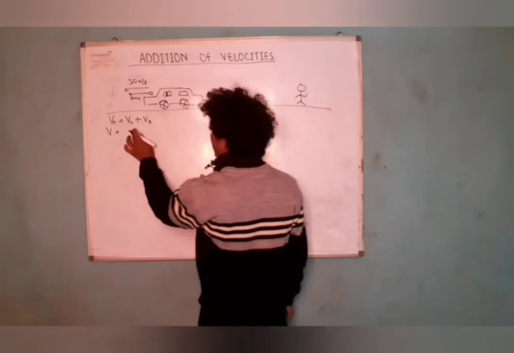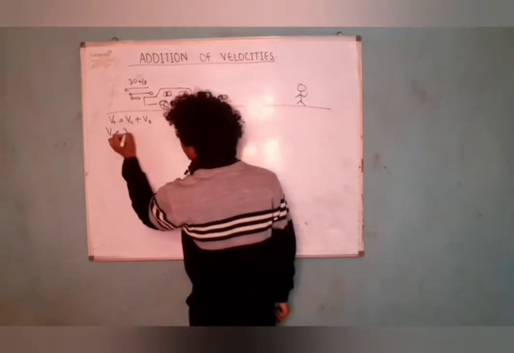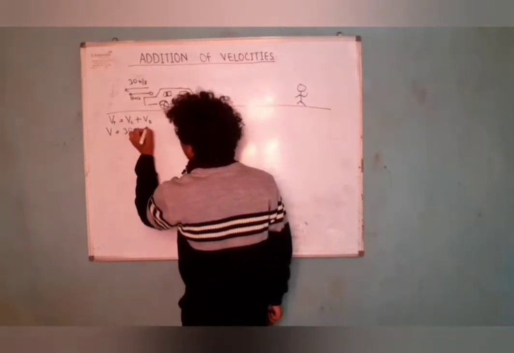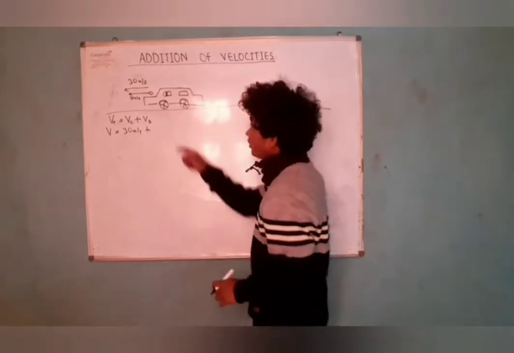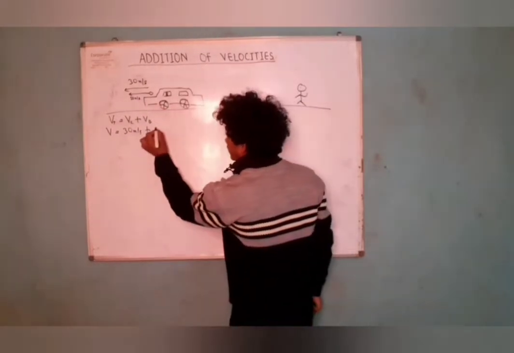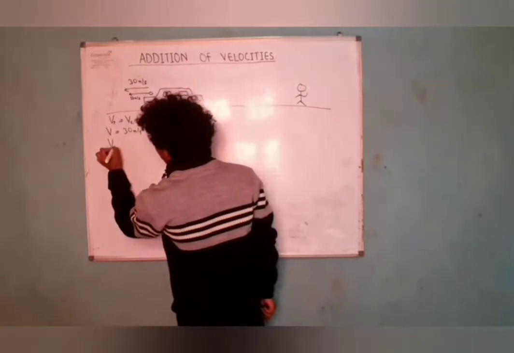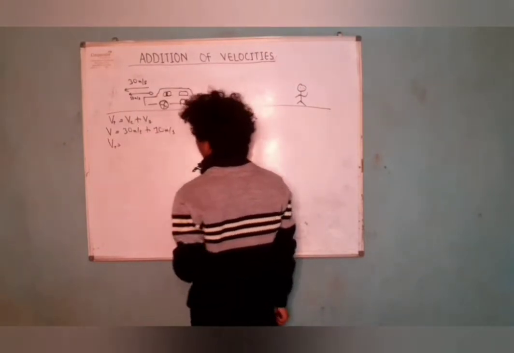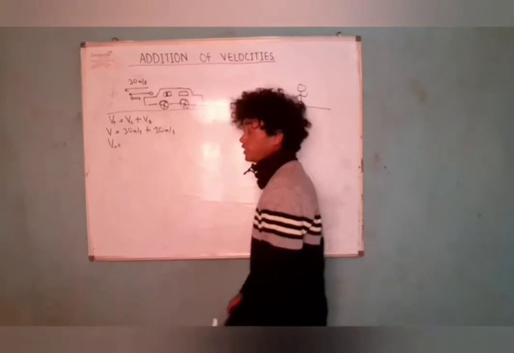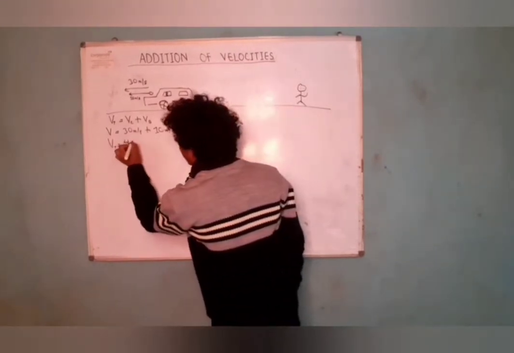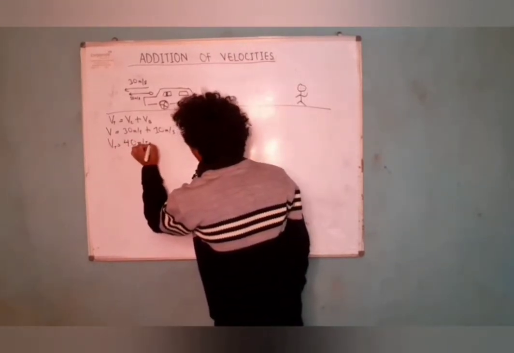We have velocity of car that is 30 meter per second plus velocity of ball that is 10 meter per second. So the total velocity we get is 40 meter per second.